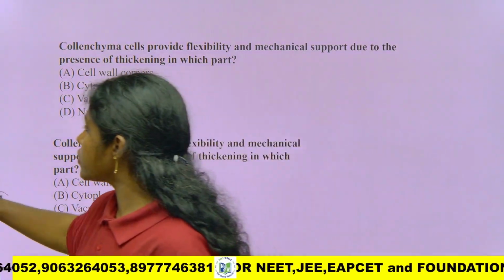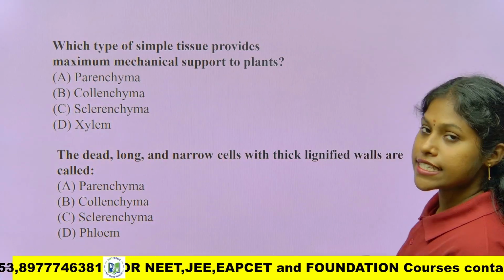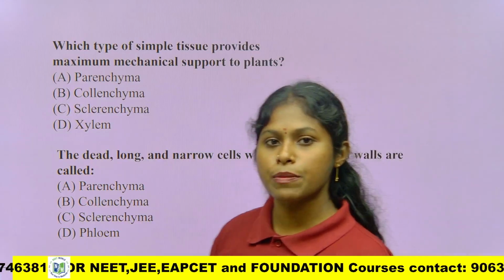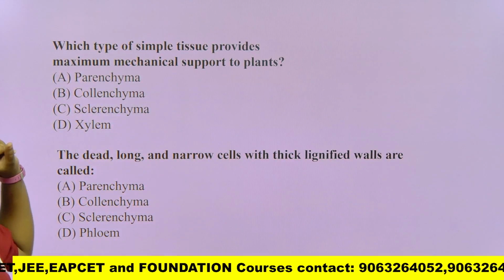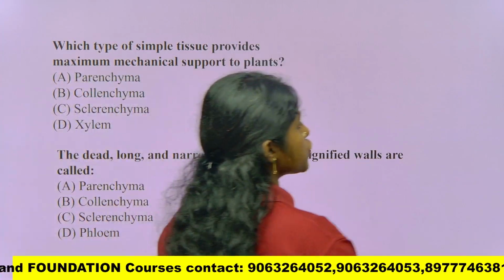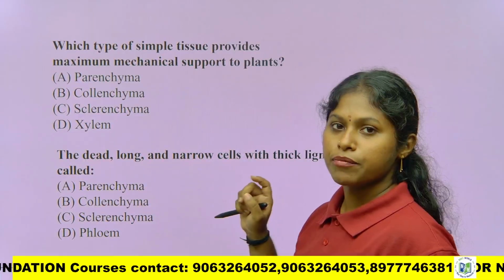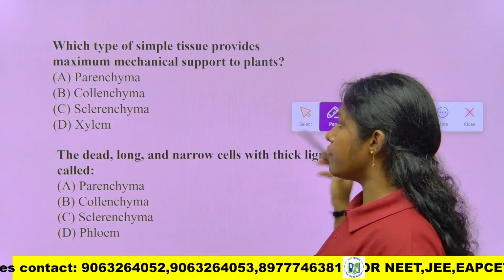Coming to the next question, children. Which type of simple tissue provides maximum mechanical support to plants? They are asking about the simple tissues. What are the types of simple tissues, children? Parenchyma, Collenchyma and Sclerenchyma. Parenchyma is a living tissue, more abundantly present in the soft parts. We all know about it.